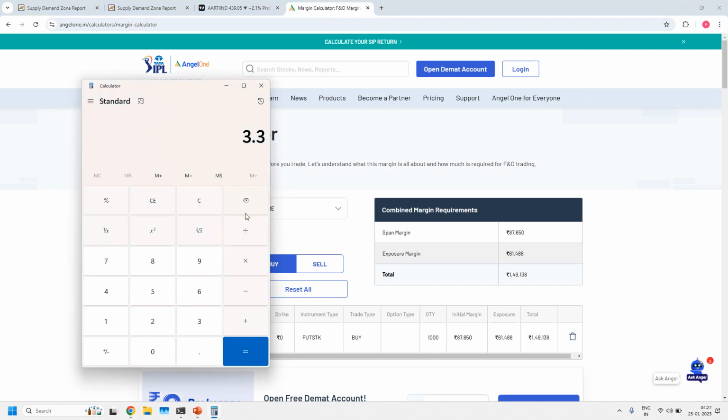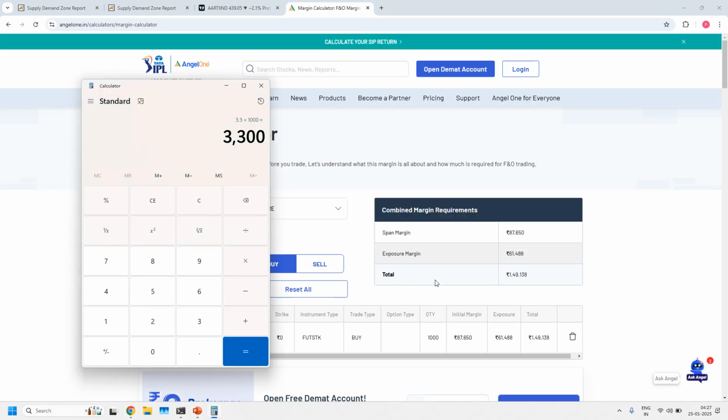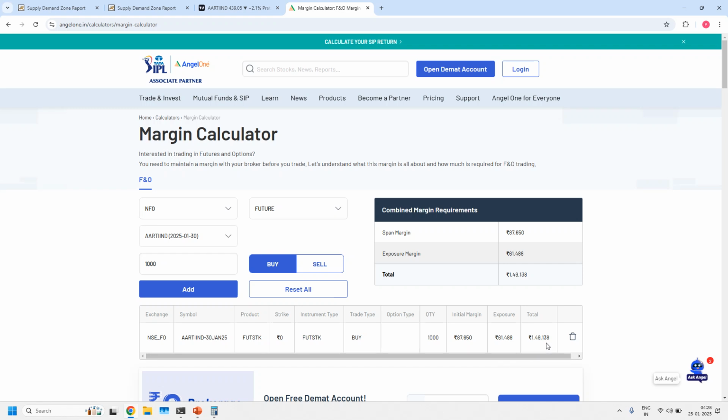Okay, so 3.3 into 1000, the lot size is 1000. So you need to face 3,300 rupees risk. But is 3,300 within our accepted risk 2% level? That is the checklist item we have seen. The maximum accepted risk should be within 2% of our trade capital. So what is our trade capital? Our trade capital is 1,49,138.